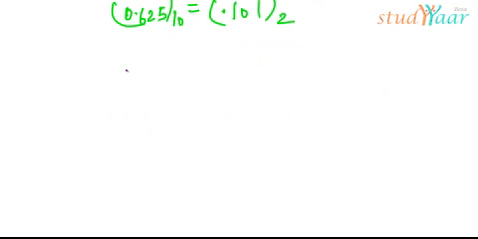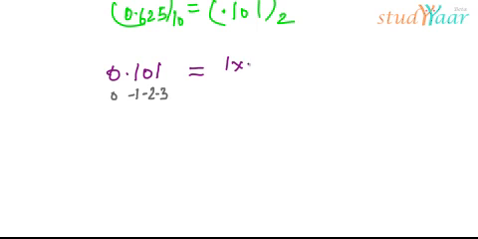Let's just verify that this is correct. 0.101, right? Let me write the indices. This is 0, this is -1, -2 and -3. What is the equivalent decimal value?